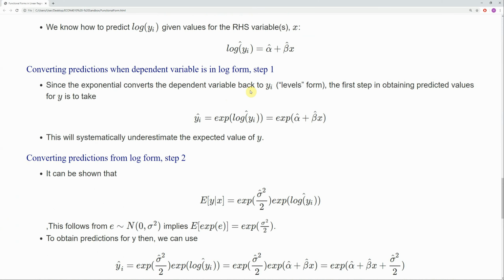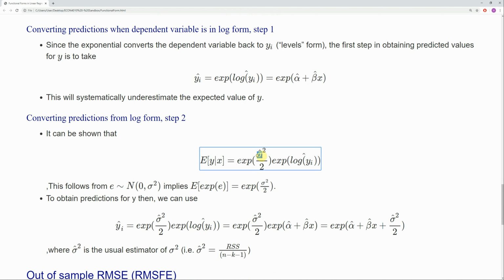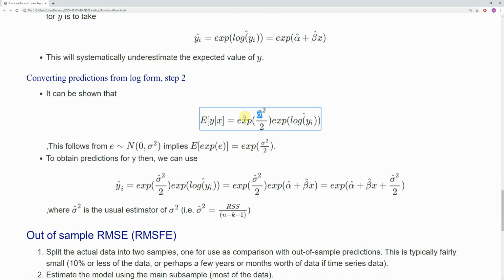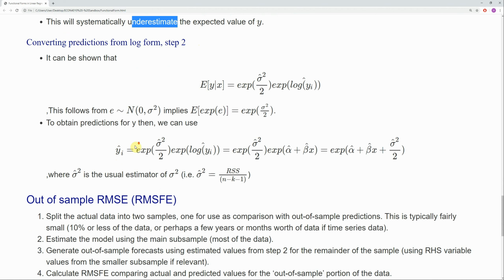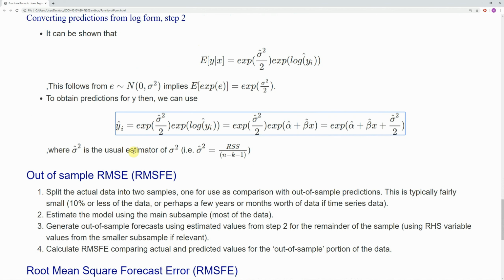In the log-linear model, we want to estimate the model and then estimate alpha hat and beta hat, and also estimate sigma squared hat, and using that find out what would be our actual value for our estimate, which is not systematically underestimated for the y variable.